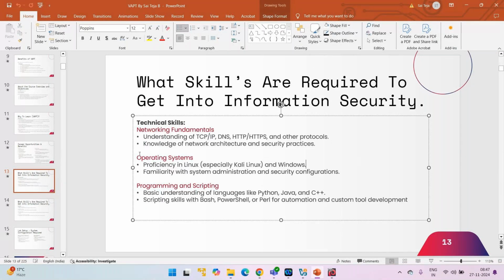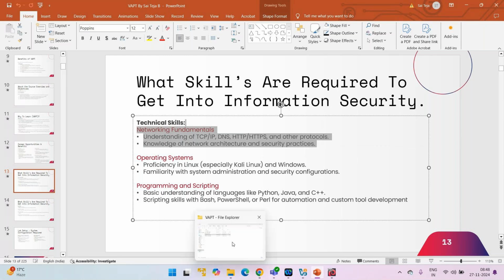See, attacks happen through the network, so you must know how the network works, correct? Like what is the OSI model, what are TCP and UDP, the transport layer protocols. Anyway, if someone does not have these networking skills, I have added them in the syllabus.